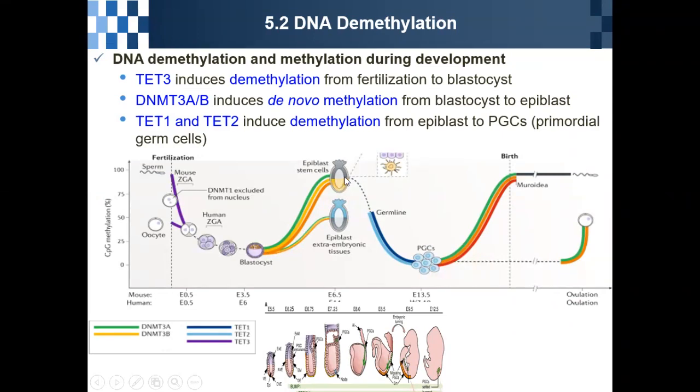And also another step is from the epiblast stem cell to the PGC. PGC is a primordial germ cell. After that, the methylation will happen like this.